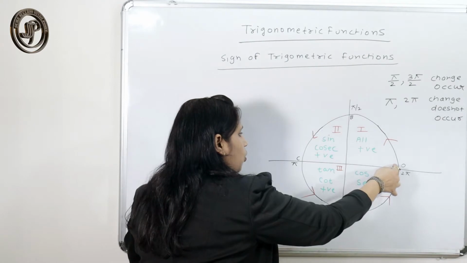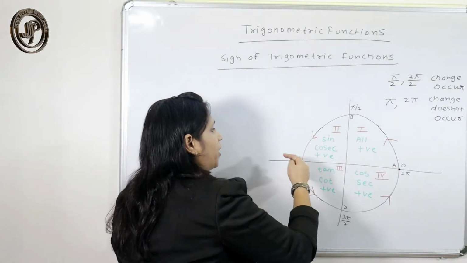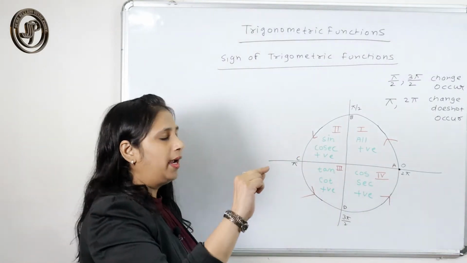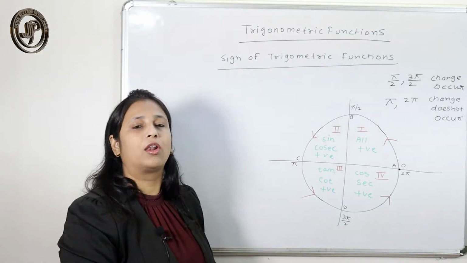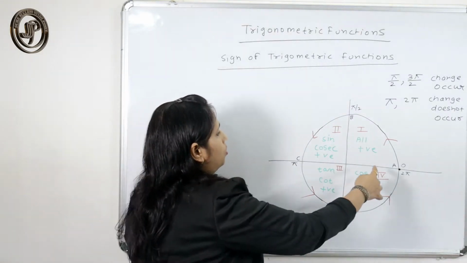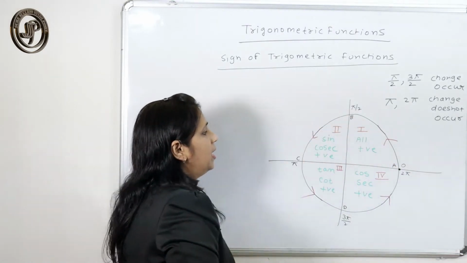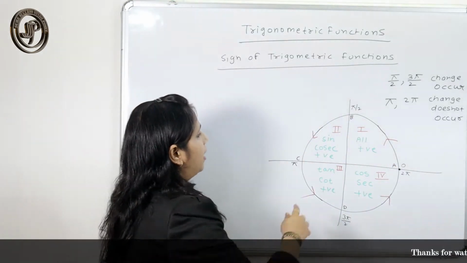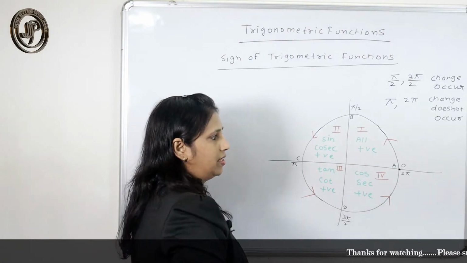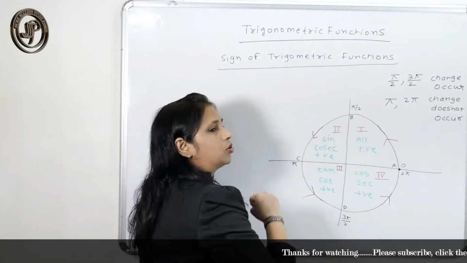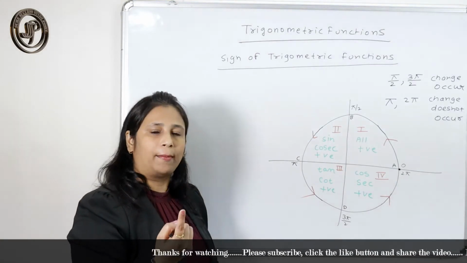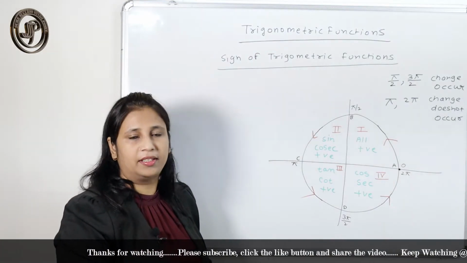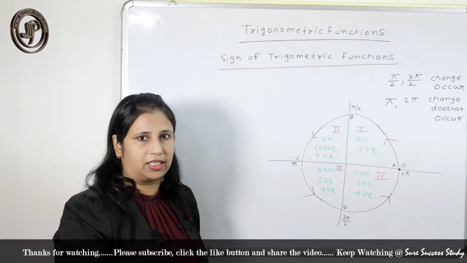But if I go from point A to point C, I make an angle of 180 degrees. So A to B is 90 degrees. This is your first quadrant, that is from 0 to pi by 2, because pi by 2 radian is the 90 degrees that we studied in our previous lecture.